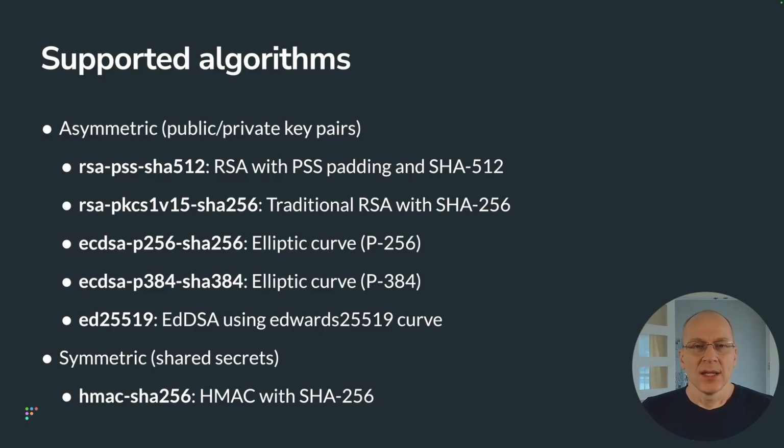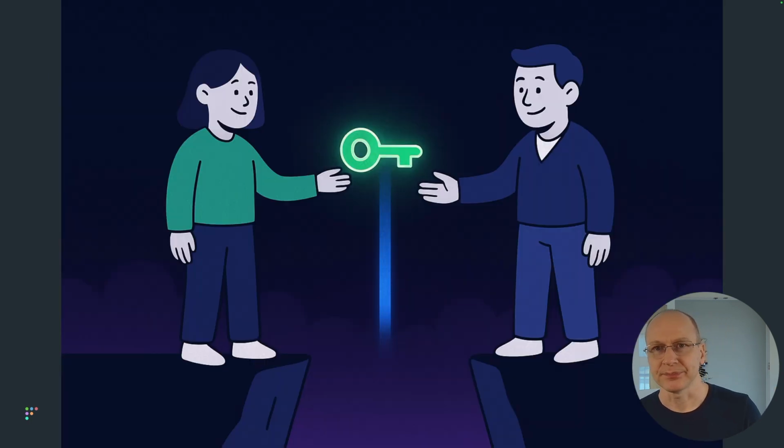Now, you might be wondering, with asymmetric algorithms, how does the server get the client's public key so you can do the verification? So the RFC doesn't mandate a specific method, but here are a few options. You can register the client's public key with the server out of band, like using an API portal, configuration file, or database.